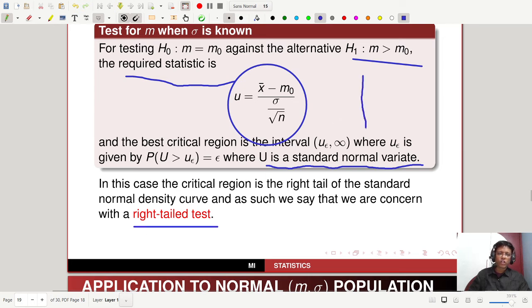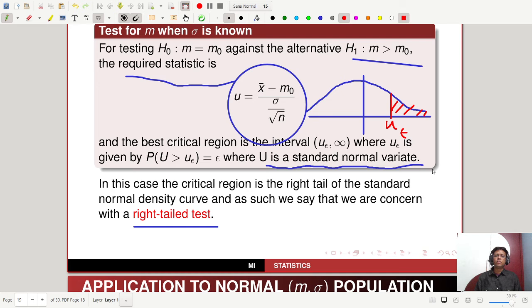So let me draw the diagram, the standard normal distribution curve. And this is your u epsilon in this case. This is your critical region, the shaded portion. This is the best critical region, that is u epsilon to infinity.